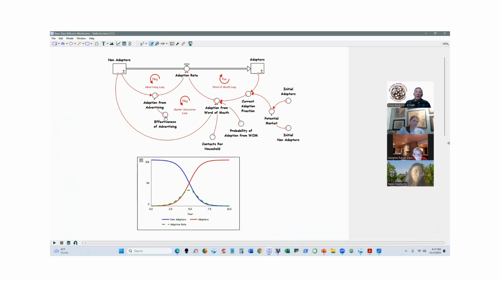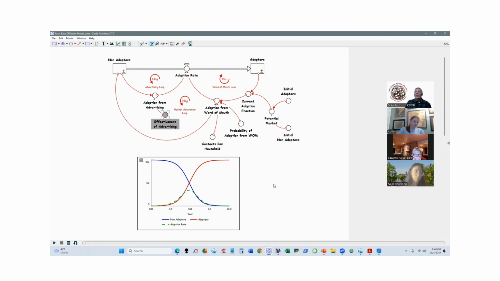And if your advertising is effective, it starts pulling people out of here. Non-adopters are defined as those who have never heard of the good or the service, and then you're trying to convince them that they want to buy the product or the service, adopt the technology, whatever the case may be.